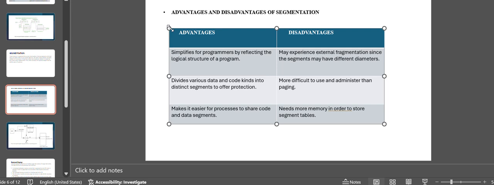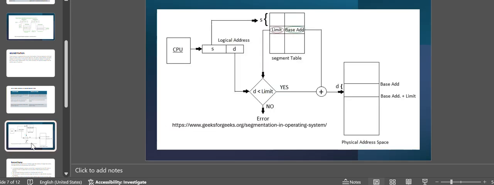Disadvantages: many experience external fragmentation since the segments may have different sizes. It is more difficult to use and administer than paging. It needs more memory in order to store the segment table. You can see the segmentation diagram here.